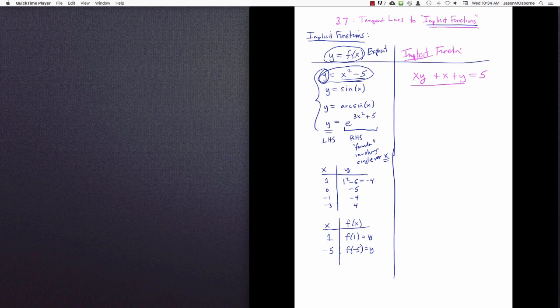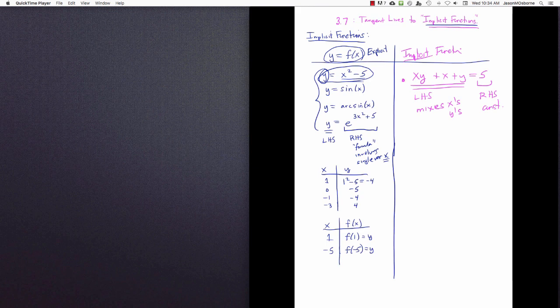You notice in this example that on the left-hand side we have a formula that mixes x's and y's together, and the right-hand side just so happens to be equal to a constant. So an implicitly defined function is just a more complicated expression that has x's and y's mixed together.